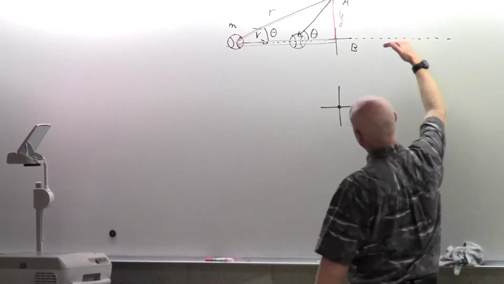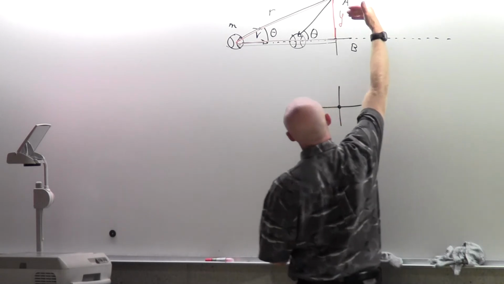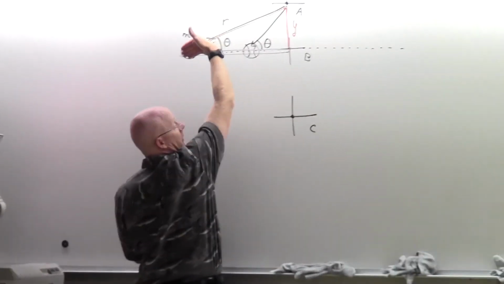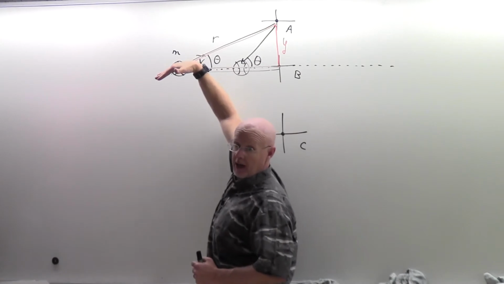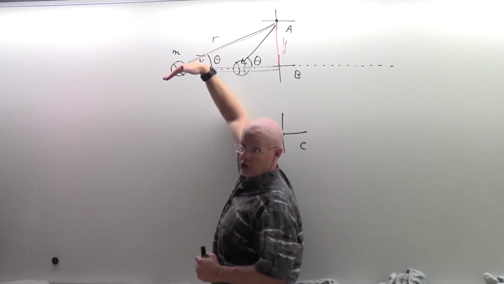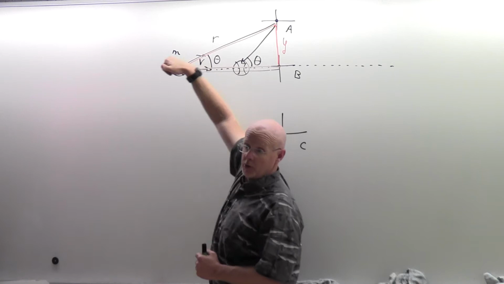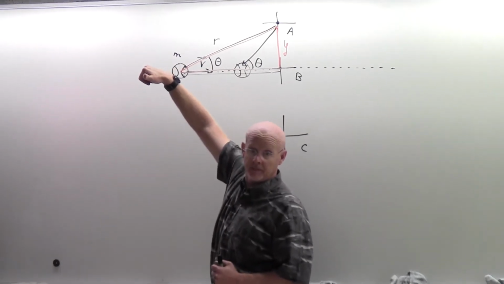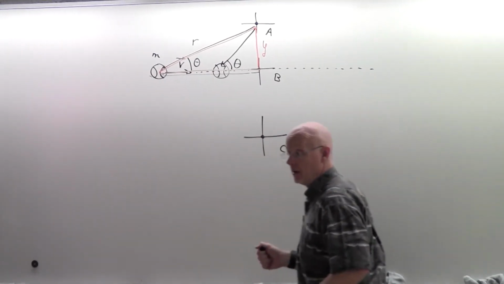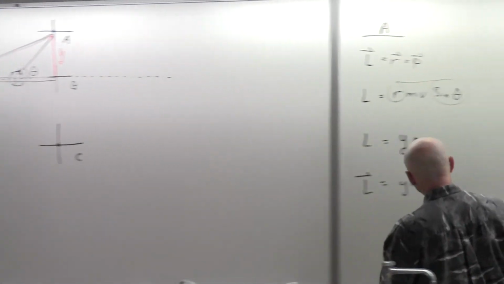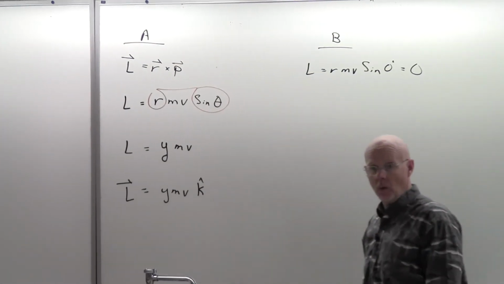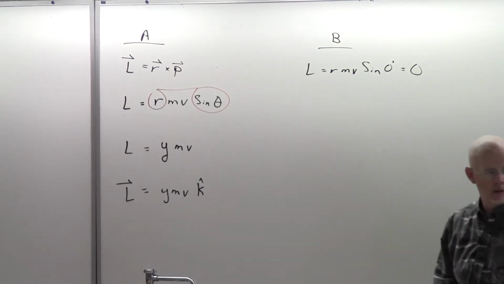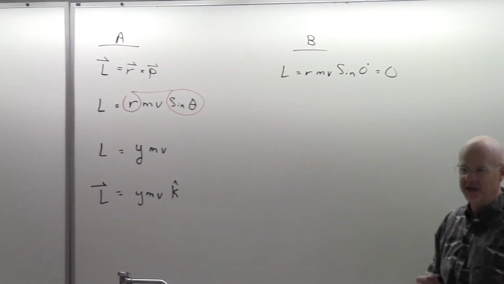So I would put my fingers in the direction of R, and I guess I would have to adjust my hand so I can close it towards P. And which way is my thumb? Out of the board. So isn't the angular momentum in the Y direction? Oh, not Y direction, the Z direction?